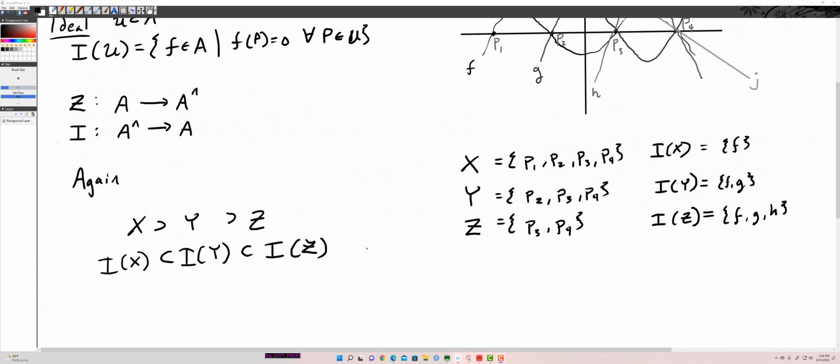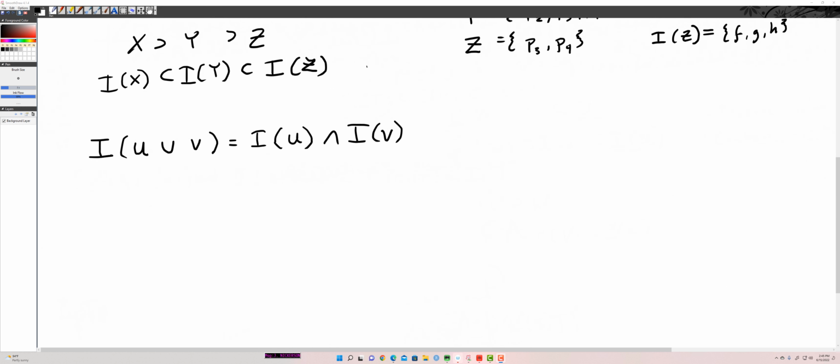Again, we have this lovely reverse inclusion. Y is included in X, and Z is included in Y, as you can see here. And that forces the reverse inclusion. The ideal of the points in X is included in the ideal of the points in Y is included in the ideal of the points in Z.